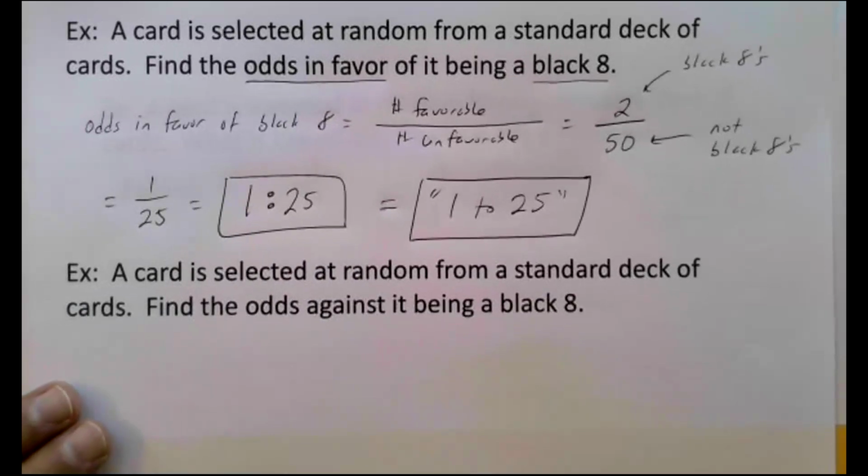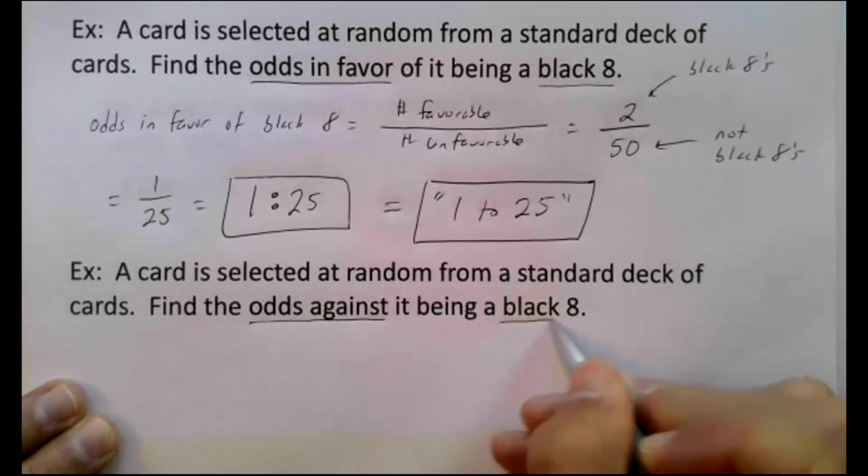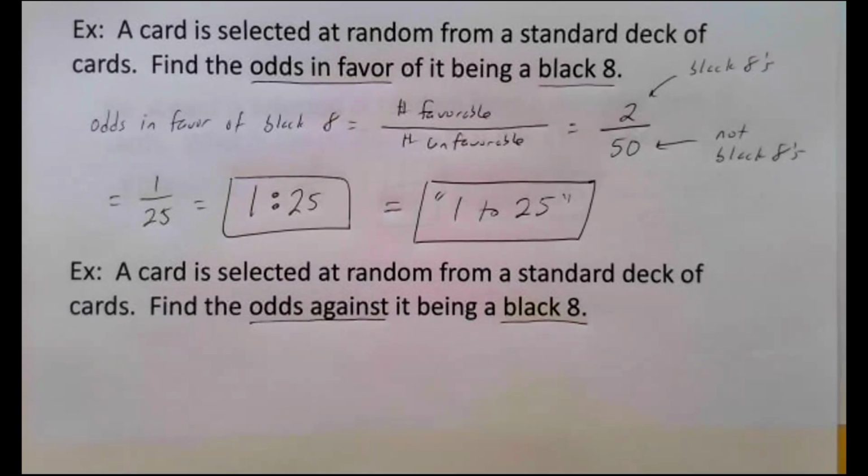The next question is very similar, but it says, find the odds against that card being a black 8. The definition of odds against is really just the reciprocal of odds in favor.